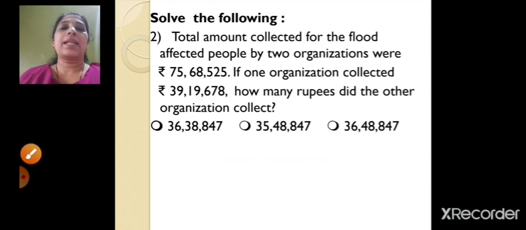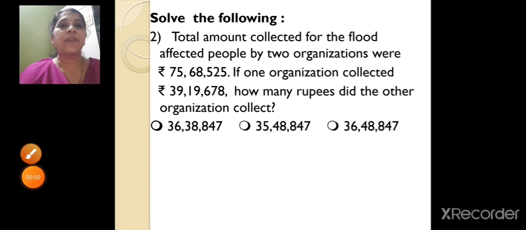Now take the second example. Total amount collected for the flood affected people by two organizations were rupees 75,68,525. If one organization collected rupees 39,19,678, how many rupees did the other organization collect?